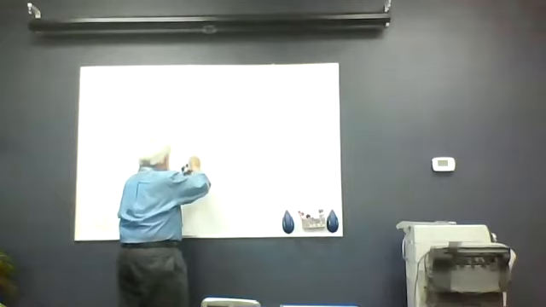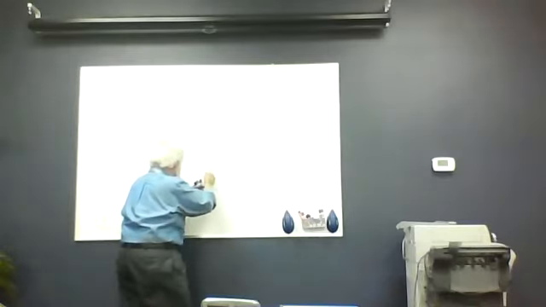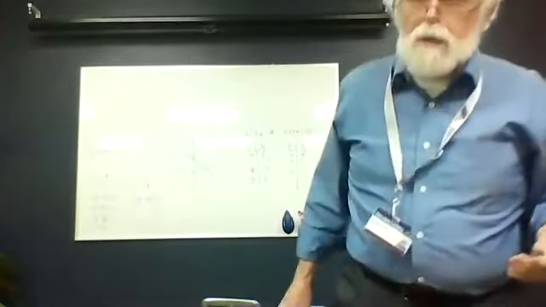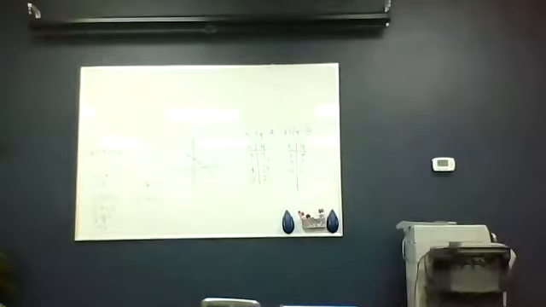And at x equals minus 2, y is 5. So now our line draws right down through there. And that intersection point is the solution to the problem.